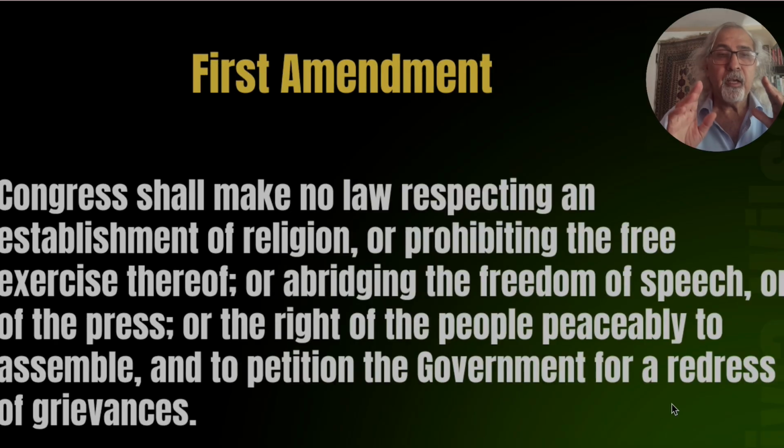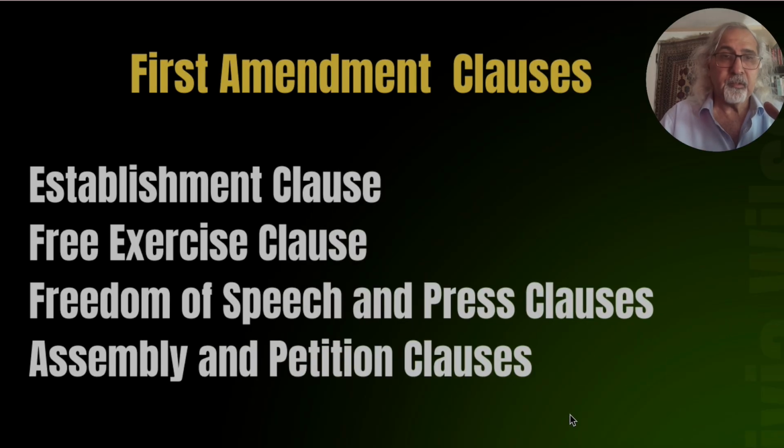And what is that? Congress shall make no law respecting an establishment of religion. That is the Establishment Clause. Or prohibiting the free exercise thereof. That is the Free Exercise Clause, right? So that means people are free to exercise any religion that they choose, and government cannot establish a religion.